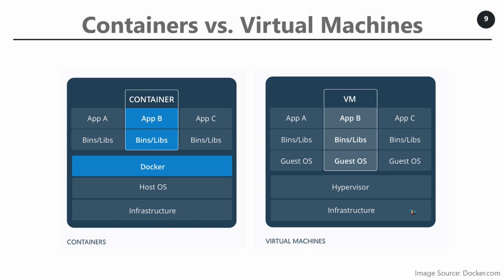So basically, a summary and a comparison of containers and VMs. In a container environment, like I said, you have your physical resources, your infrastructure, you have your host OS, and then in this case, I'm talking about Docker. You also have others like Kubernetes, but they are very popular. Docker is very popular as well.